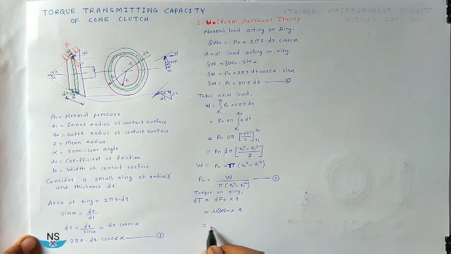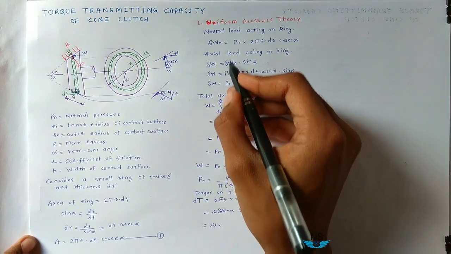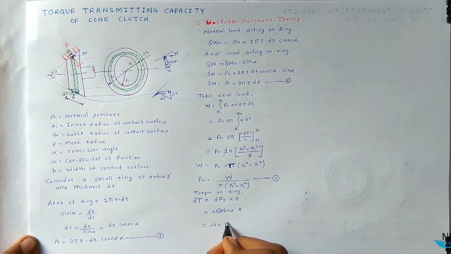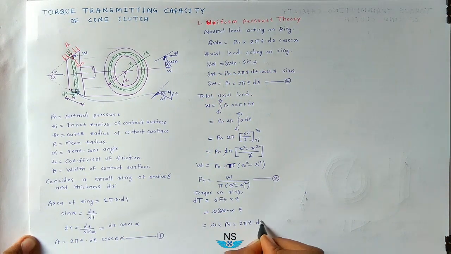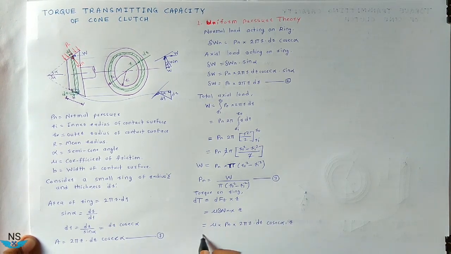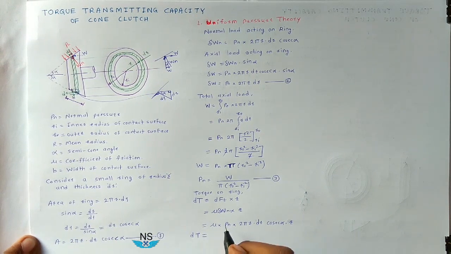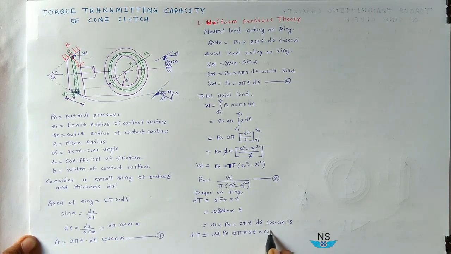Put the value of delta Wn, which is Pn into 2 pi r dr cosec alpha, into this r. So dT becomes mu Pn 2 pi r dr cosec alpha into r.